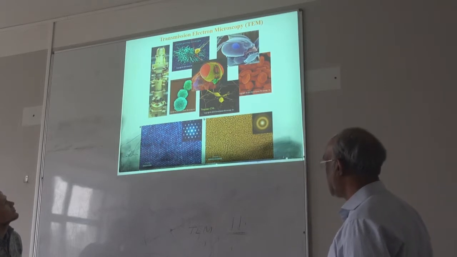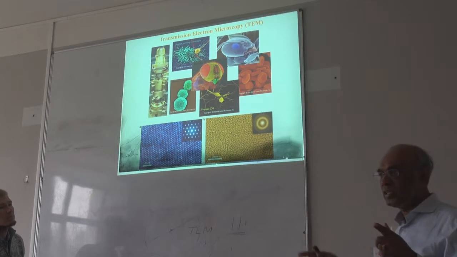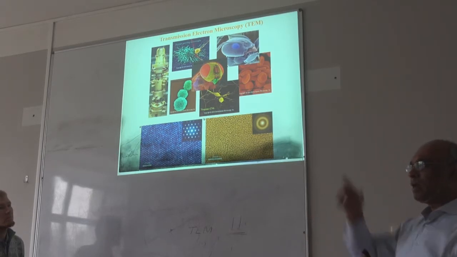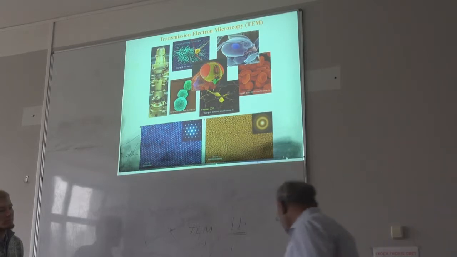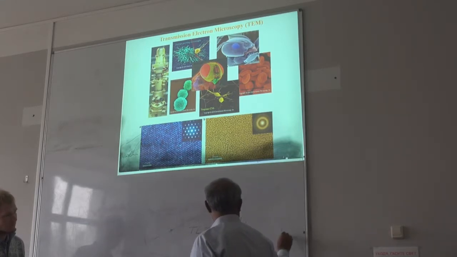Also later I'm going to talk about diffraction, everybody is familiar with that. We are talking about electron diffraction. If electrons are coming in, they get diffracted. So you can look at your K1, K2.